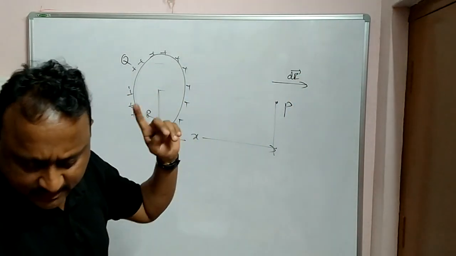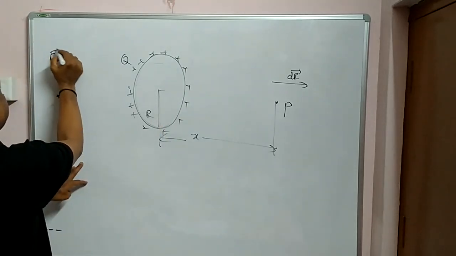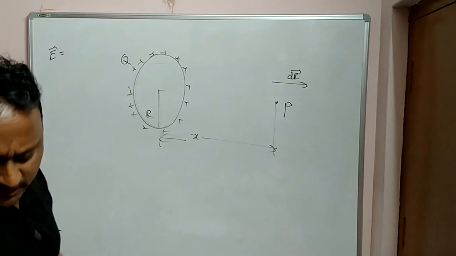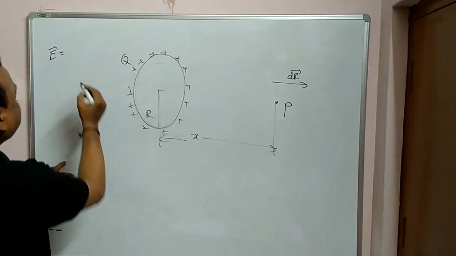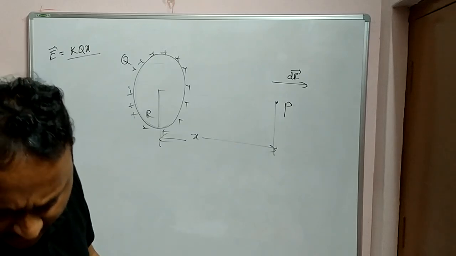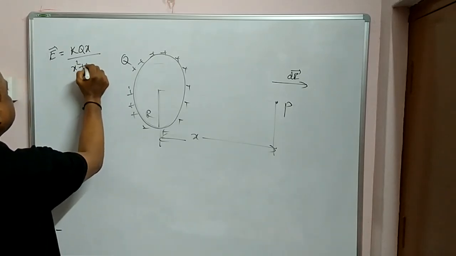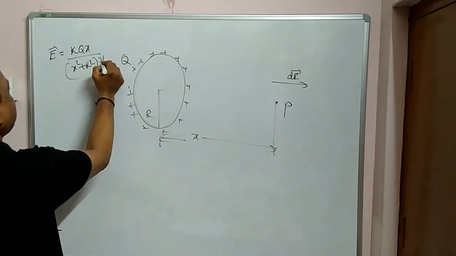At a distance x, this is also like gravitation, I told you. E is given by the formula kqx by (x square plus r square) power 3 by 2.